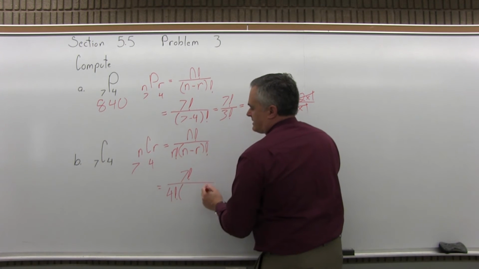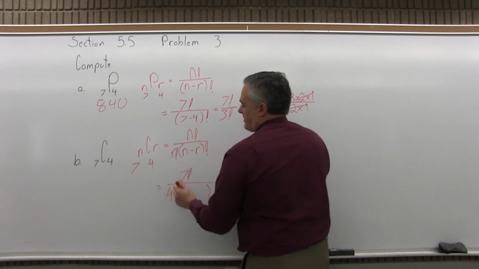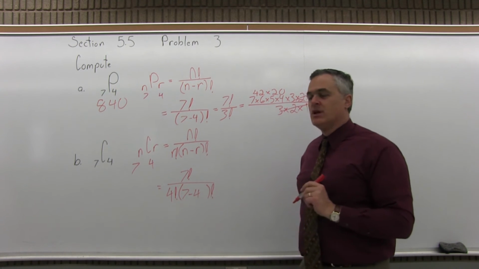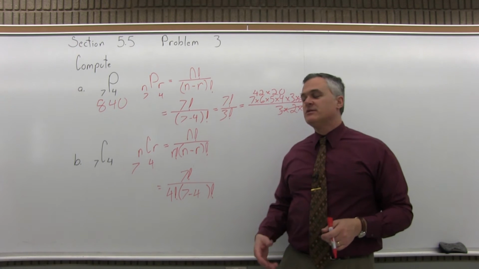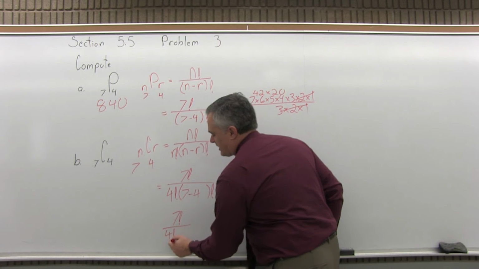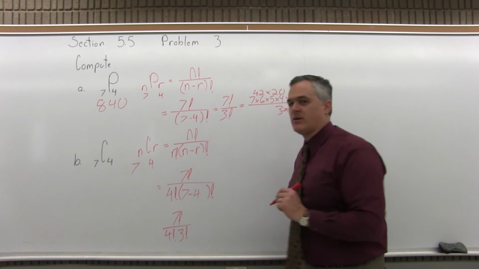In the parentheses, n minus r, 7 minus 4 factorial. So again, you have some parentheses. You need to deal with those first. The 7 factorial can stay as the numerator. 4 factorial in the denominator will stay for now. 7 minus 4 is 3, so you'll have 3 factorial.